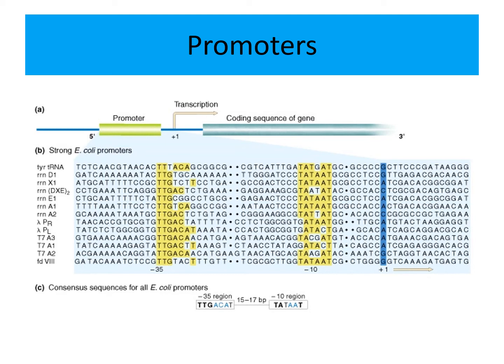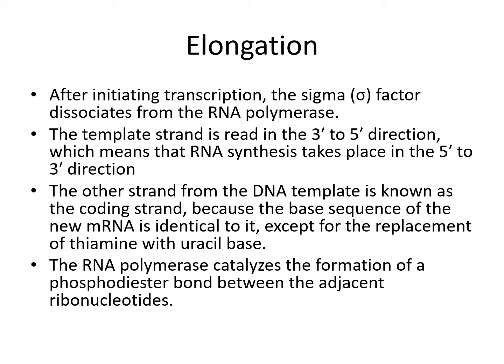So you have the -10 region here, the TATA box sequences, and then we also have the TTGACA sequence at the -35 region. So that is the initiation process, whereby the RNA polymerase will first bind to the promoter region.